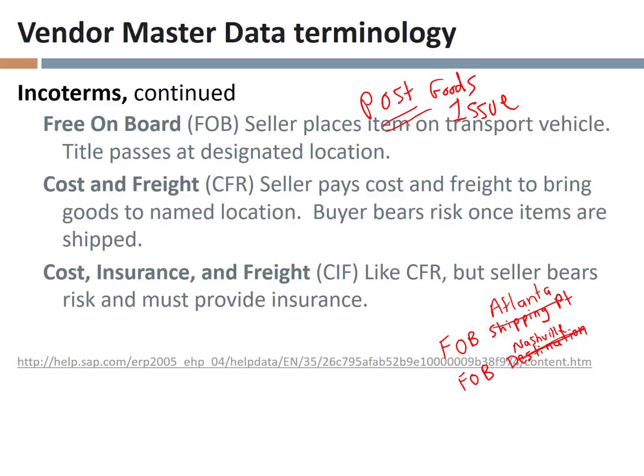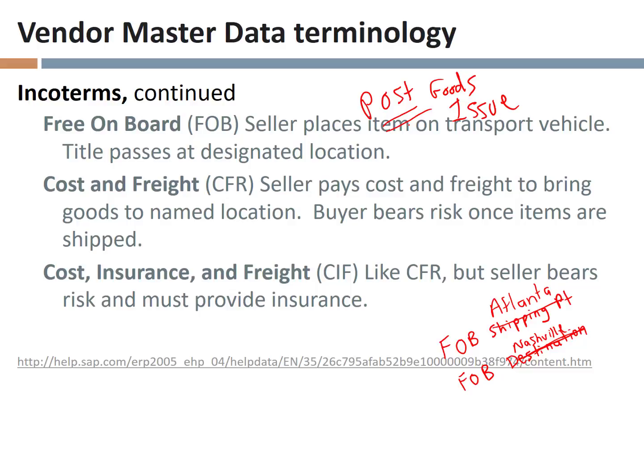And so when we post the goods issue, that means we don't own it anymore. Title has passed. So your question is, is that something that title might have passed last Tuesday and we go into the system today and enter it and it's not exactly happening in real time?